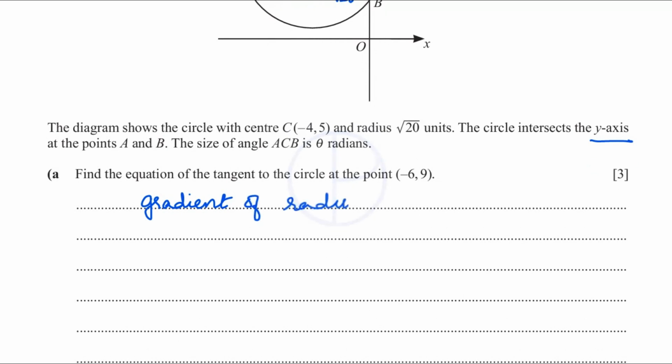So the gradient of the radius is, considering this point and this point, (9 minus 5) divided by (minus 6 minus of minus 4), we get plus 4, which is 4 divided by minus 2.